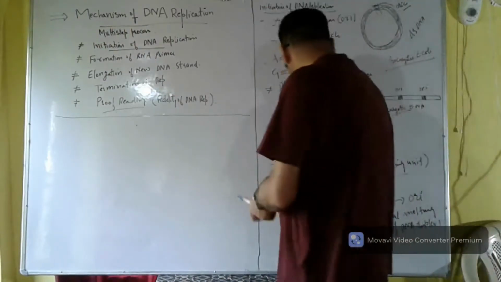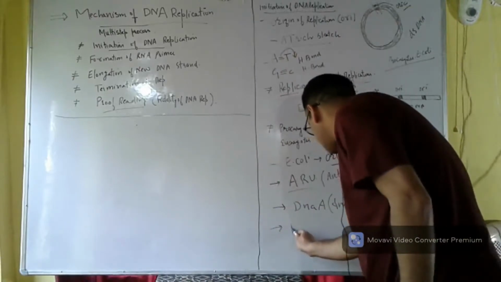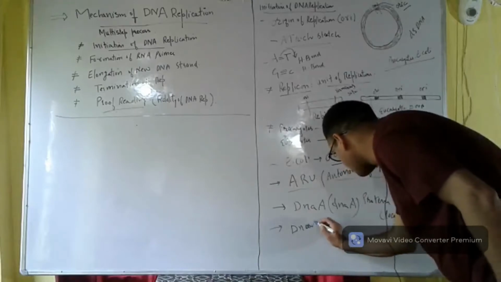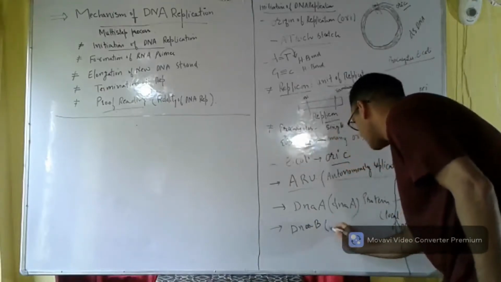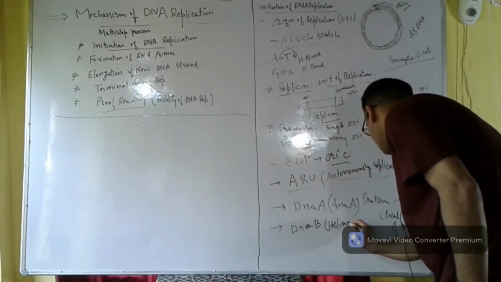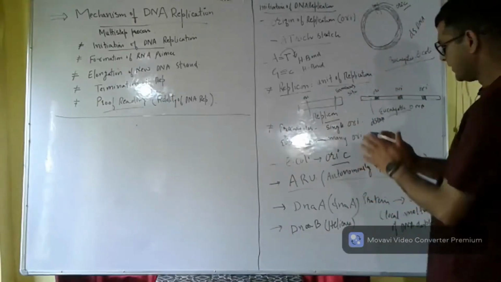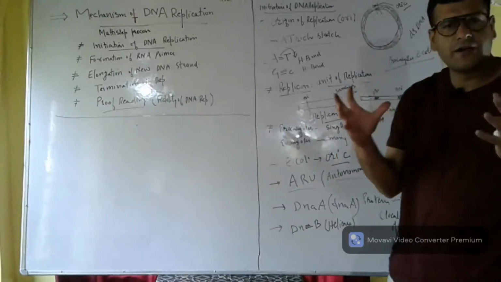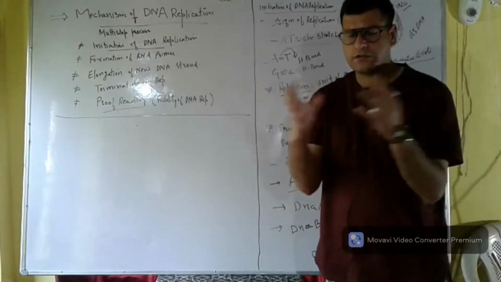Then another enzyme called DnaB is helicase. This helicase causes the separation of double-stranded DNA into single-stranded DNA.